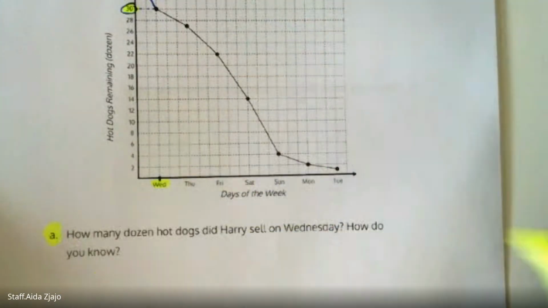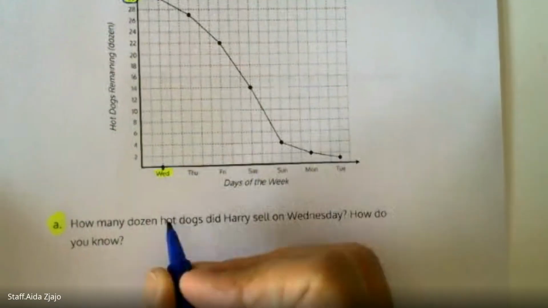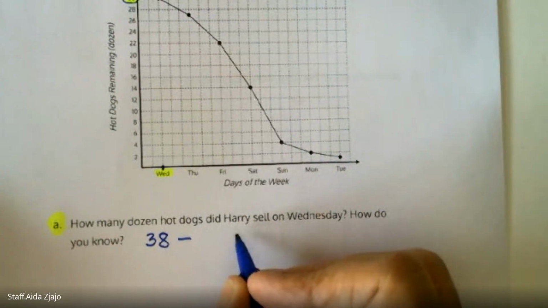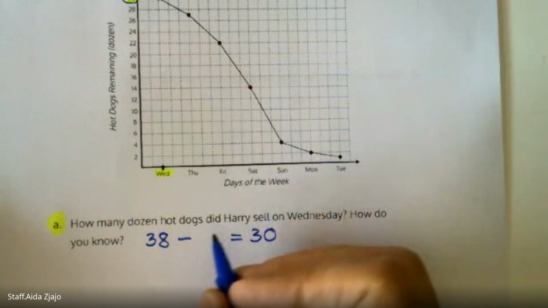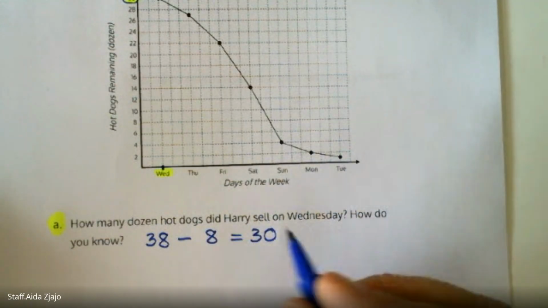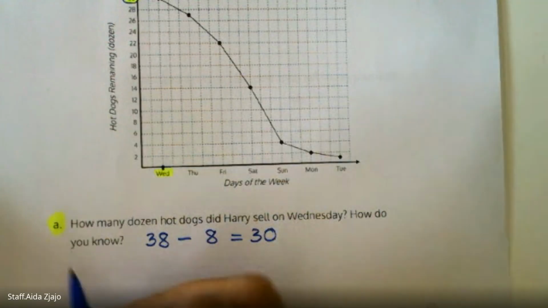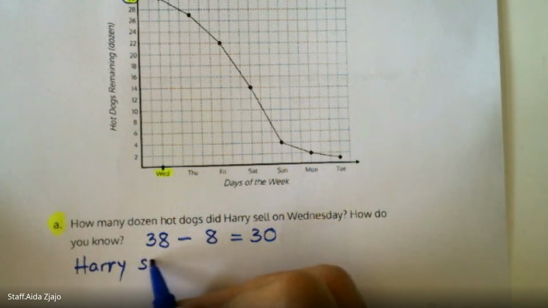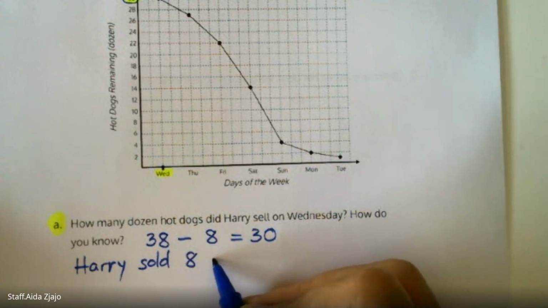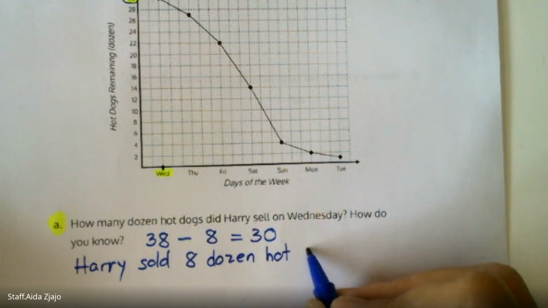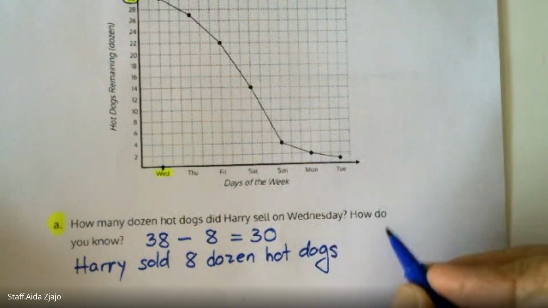We solve this one by saying that he started with 38, and at the end of the Wednesday he had 30, so he must have sold 8 dozens of hot dogs. So Harry sold 8 dozen hot dogs the first day.